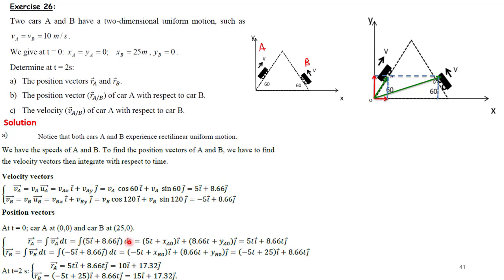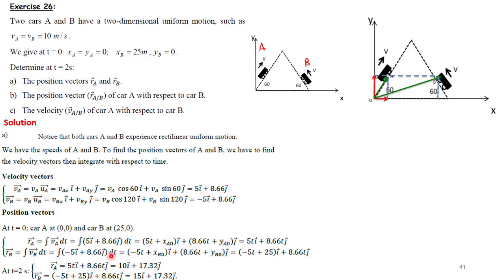When we make the integral, pay attention to adding a constant along I plus a constant along J. The constant along I is xa0 and the constant along J is ya0. You will obtain RA equal 5t along I plus 8.66t along J. Similarly for RB, RB is equal to the integral of VB dt.